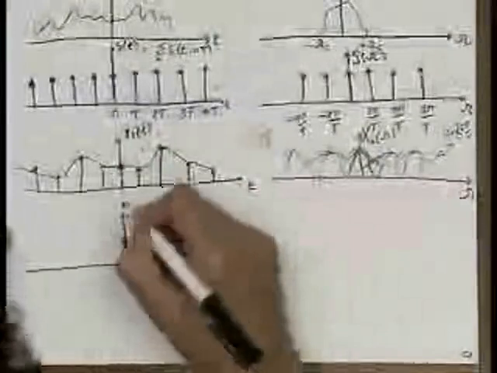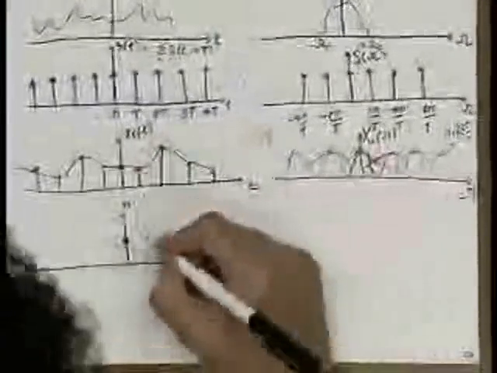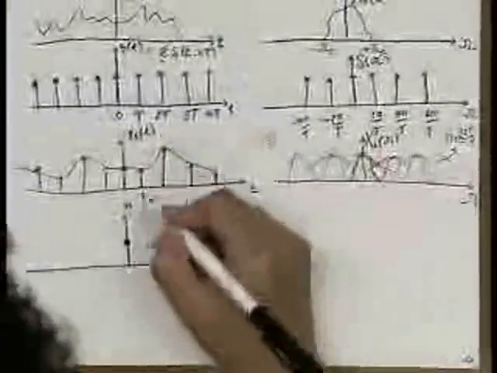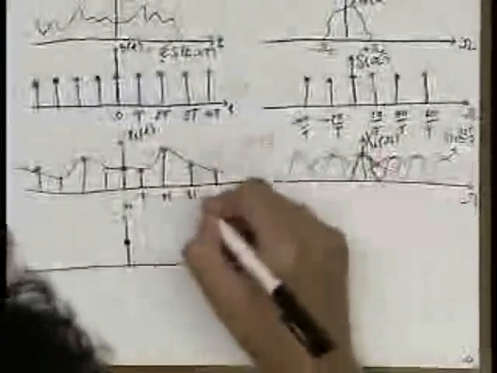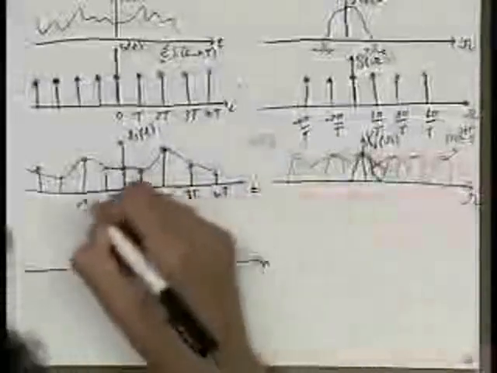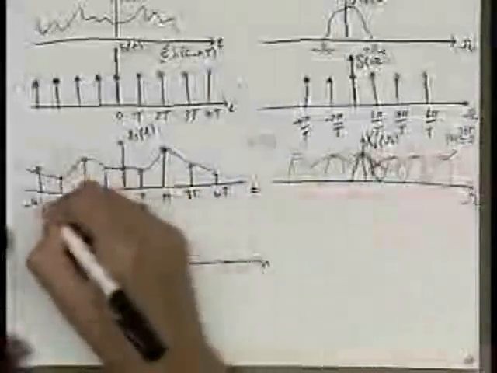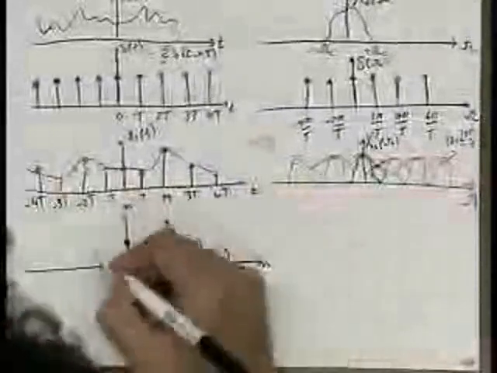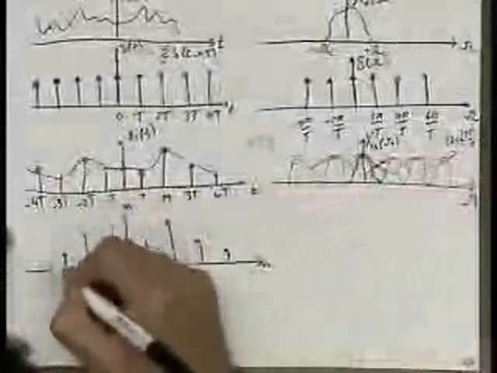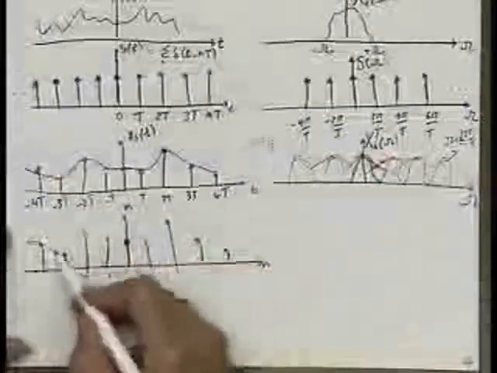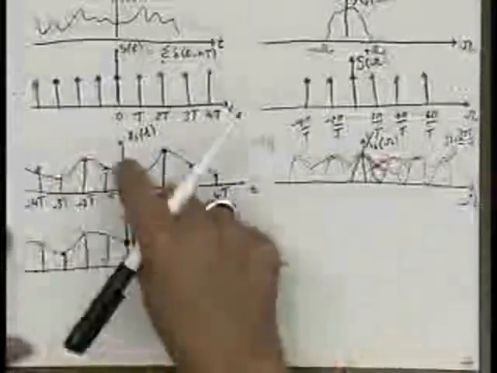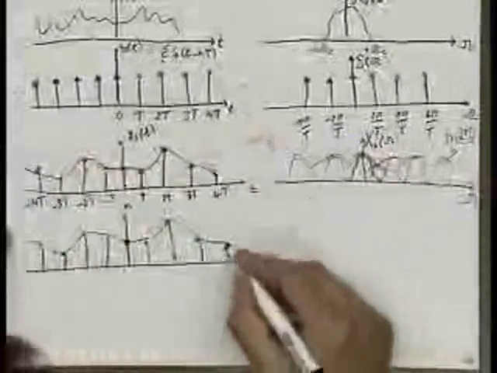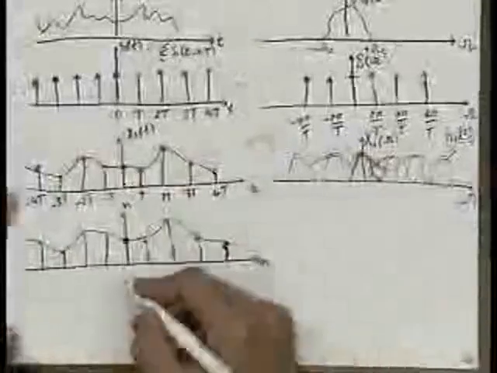As a function of n, if I were to plot it, it takes on this value, it's still 2T, 3T, 4T, minus T, minus 2T, minus 3T, minus 4T. So it'll be this, this, this, this, this, this, this, and this. So it has the same envelope as this guy did, but it's now, honest to God, a discrete time signal.